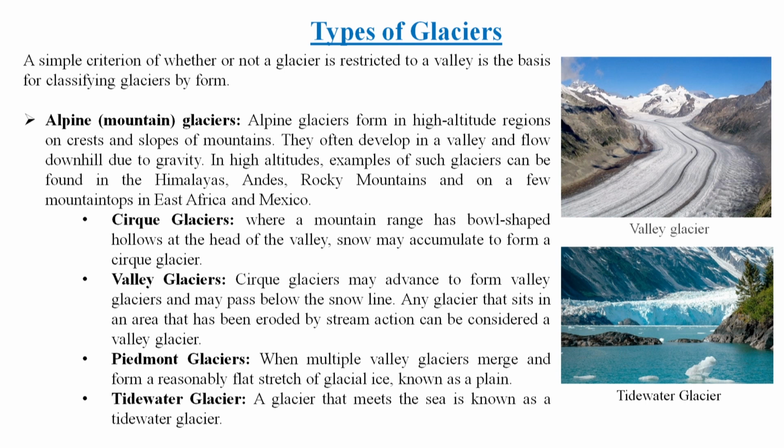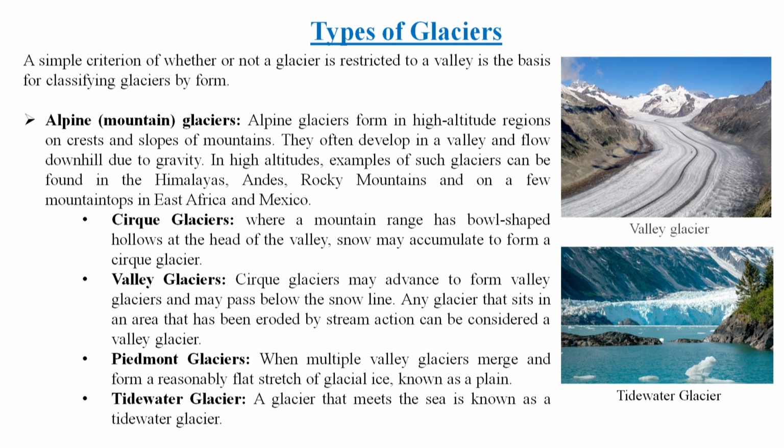Alpine glaciers form in high altitude regions on crests and slopes of mountains. They often develop in a valley and flow downhill due to the action of gravity. In high altitude, examples are the glaciers in the Himalayas, Andes, Rocky Mountains, and a few mountain tops in East Africa and Mexico. So there are again broadly four categories of alpine glacier.